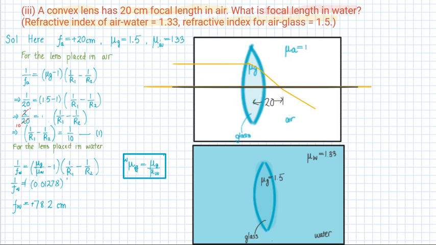But in your second case, what happens? First let me draw a principal axis. Suppose you have a light which strikes on your lens. After refraction, after a distance, it will cross the principal axis somewhere at this distance.